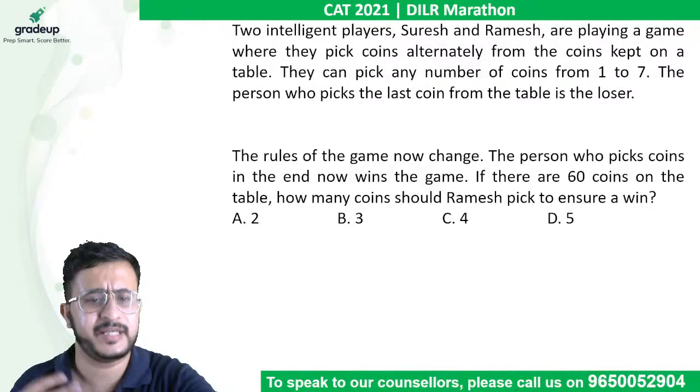Now what is given to you is that the person who picks the coin in the end now wins the game. ठीक है? अब जो last में coin उठाएगा, that person will win the game. There are 60 coins on the table, and how many coins should Ramesh pick to ensure a win?